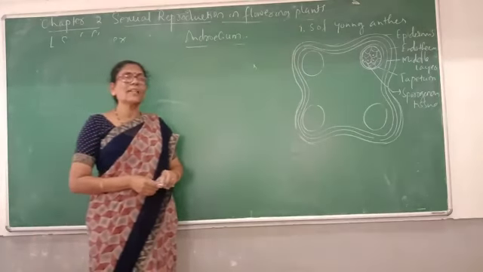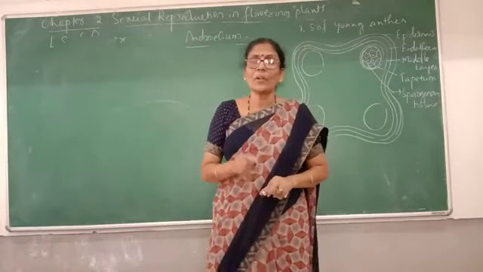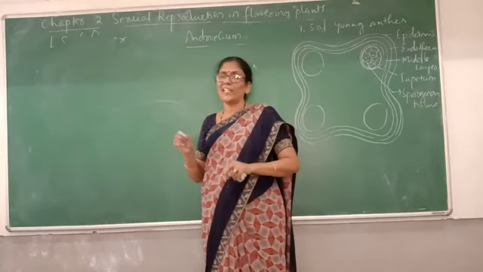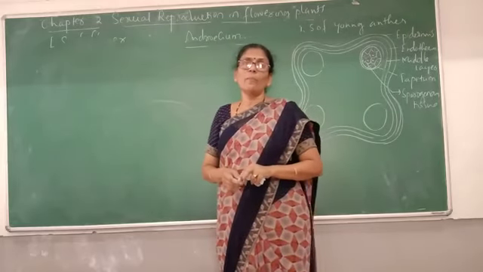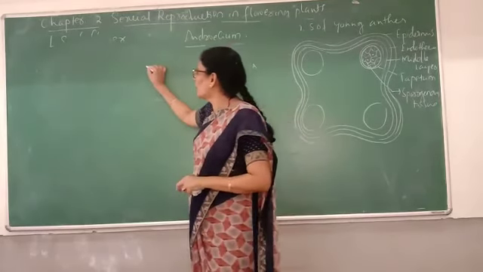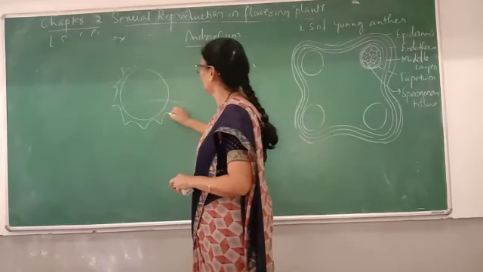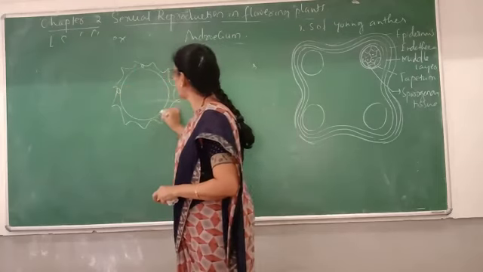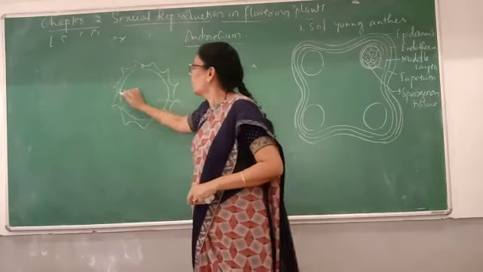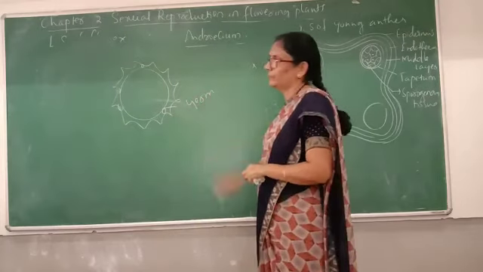Here and there on the exine there are small openings, regions where sporopollenin is not deposited. These are called germ pores.